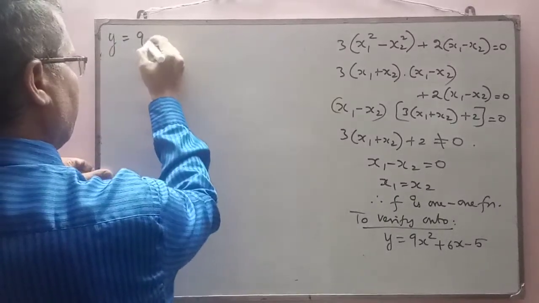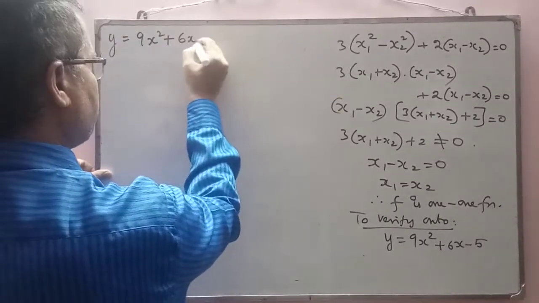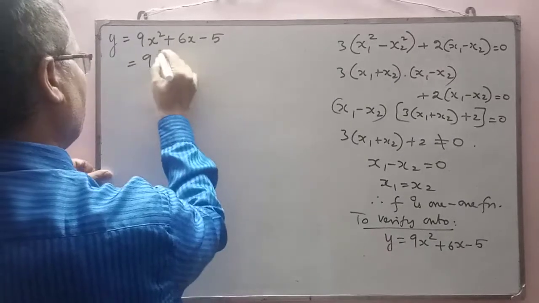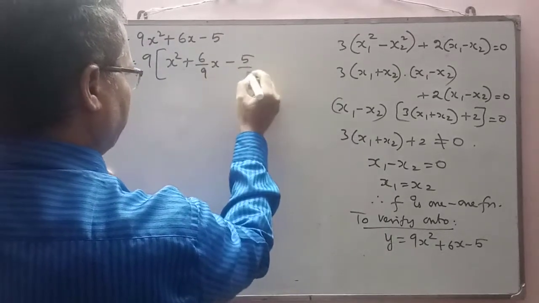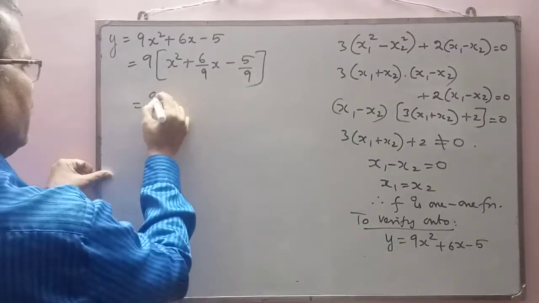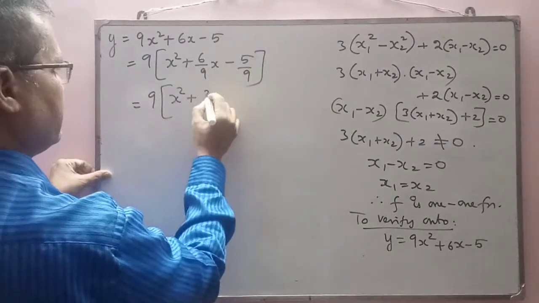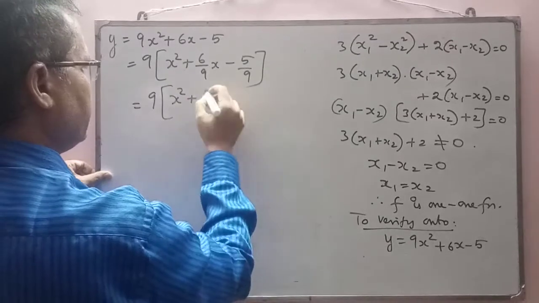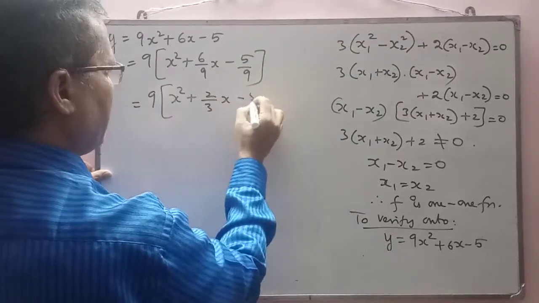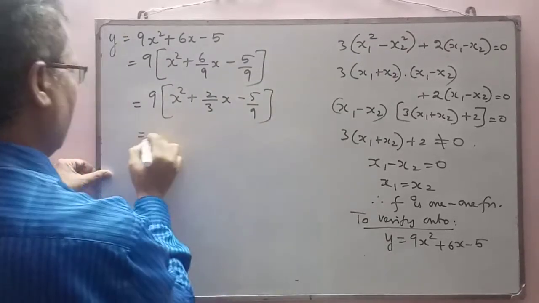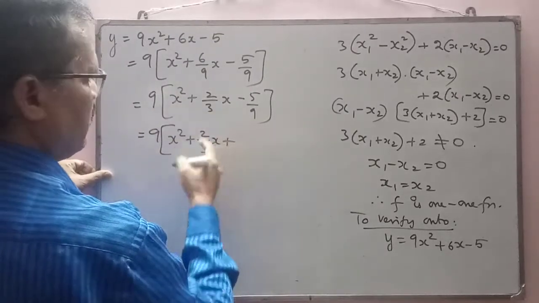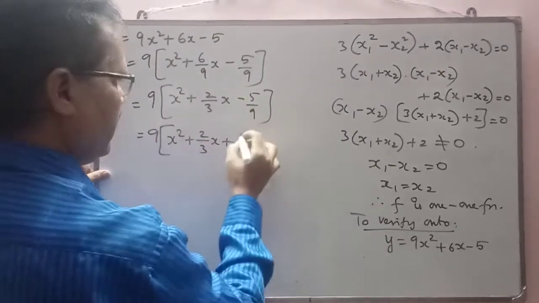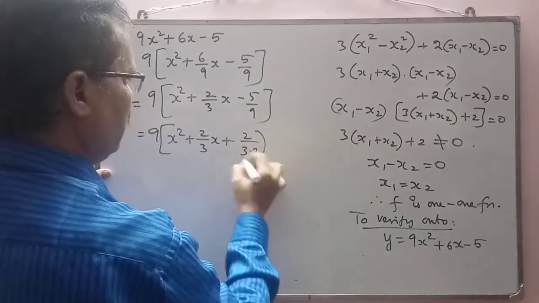I'm doing that: 9x squared plus 6x minus 5. Now take this 9 out, you will have x squared plus 6 by 9x minus 5 by 9. Okay, children, now we'll simplify: x squared plus 2 by 3x minus 5 by 9. Now 9 of x squared plus 2 by 3x plus the coefficient of x divided by 2 and squared.